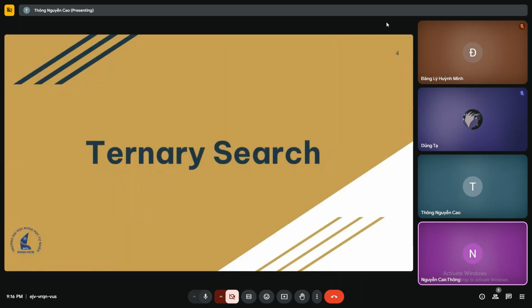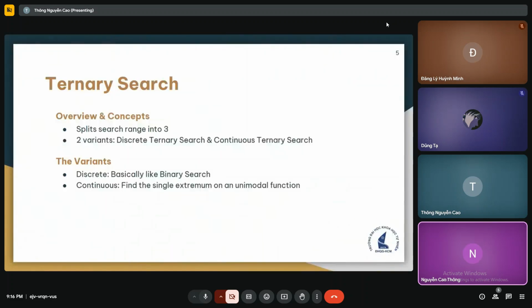So, what is ternary search? The concept is quite simple. For binary search, we split the searching range into two. Now, as the name suggests, we split the range into three. There are two variants here: discrete ternary search and continuous ternary search.